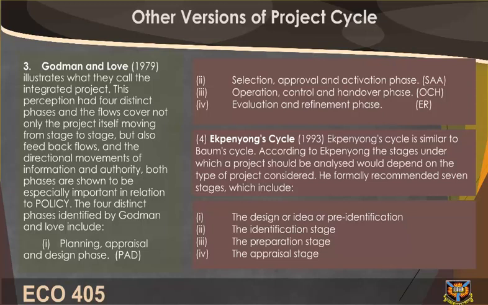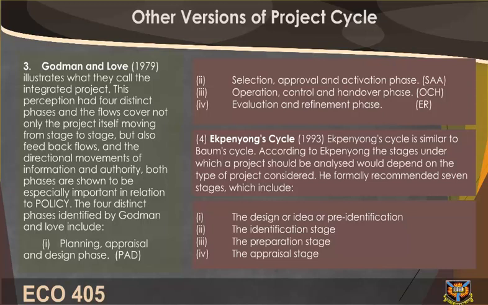4. Epoyang's cycle, 1993. Epoyang's cycle is similar to BOM's cycle. According to Epoyang, the stages under which a project should be analyzed will depend on the type of project considered. He formally recommended 7 stages, which include: 1. The design or idea or pre-identification stage. 2.